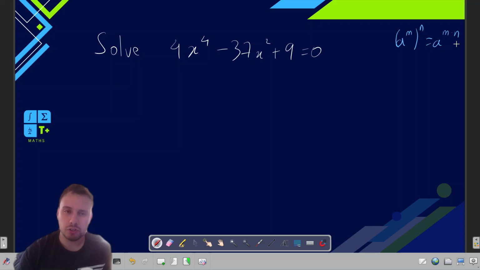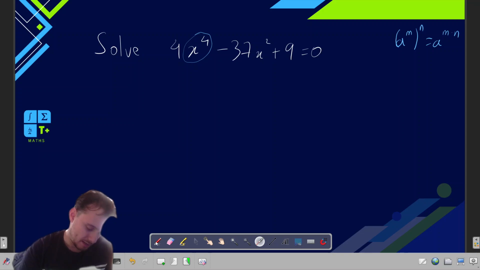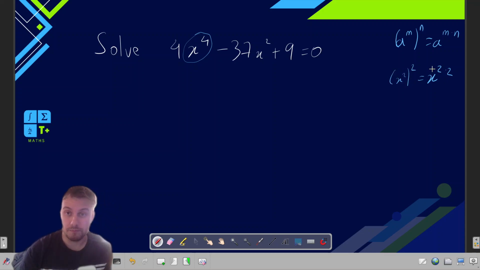We're going to be using this here because x to the power of 4 is the same as x to the power of 2 times 2, because 4 is 2 times 2. This is the same as doing x to the power of 2, to the power of 2.